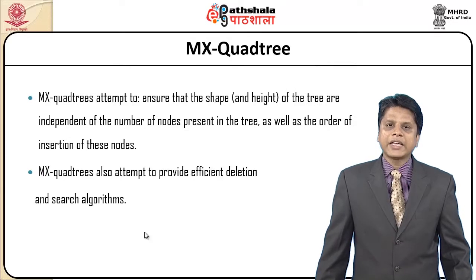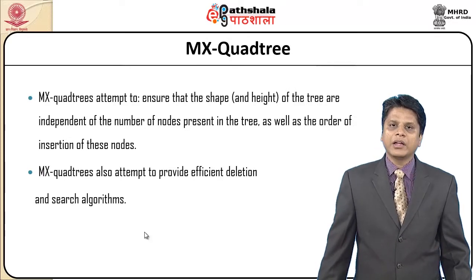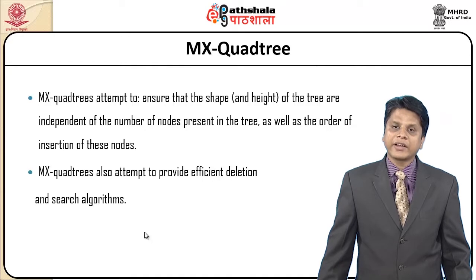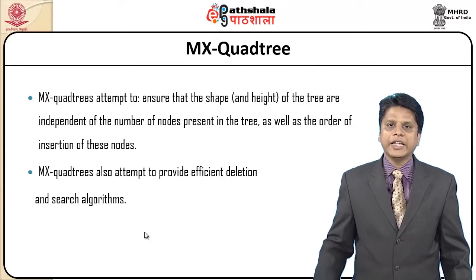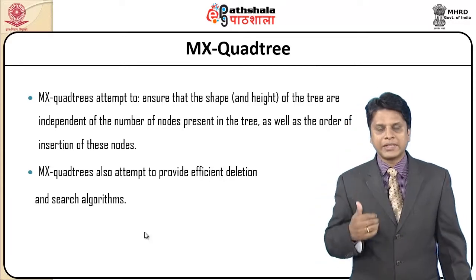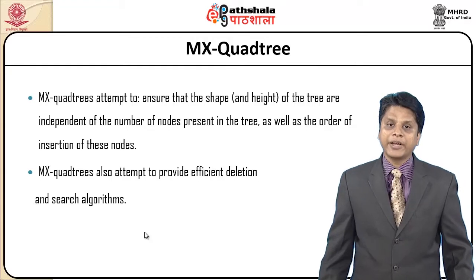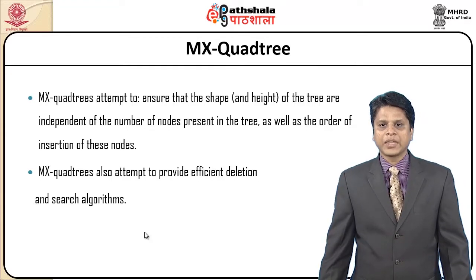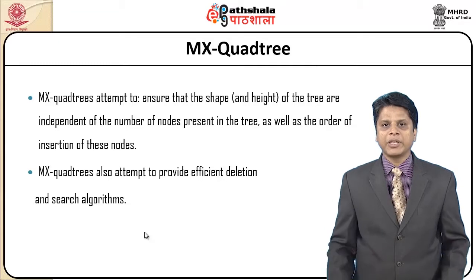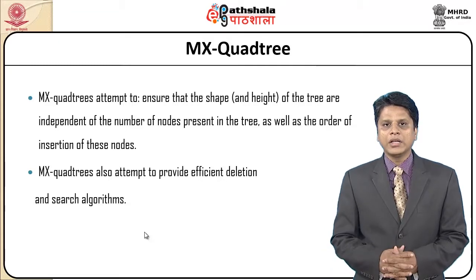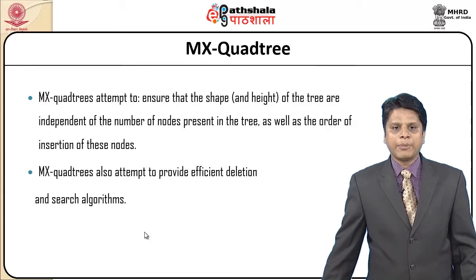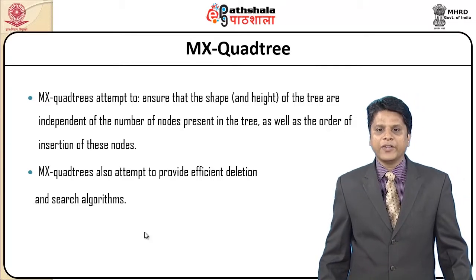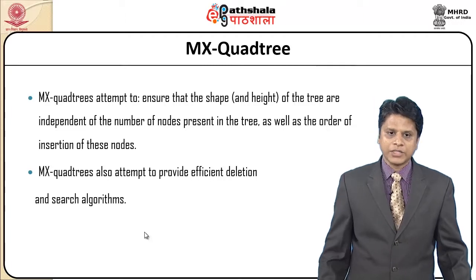The same is not the case with MX quadtrees, where we define the limits ranging between minus infinity and plus infinity. MX quadtrees attempt to ensure that the shape, that is the height of the tree, is independent of the number of nodes present in the tree as well as the order of insertion. MX quadtrees also attempt to provide efficient deletion and search algorithms.